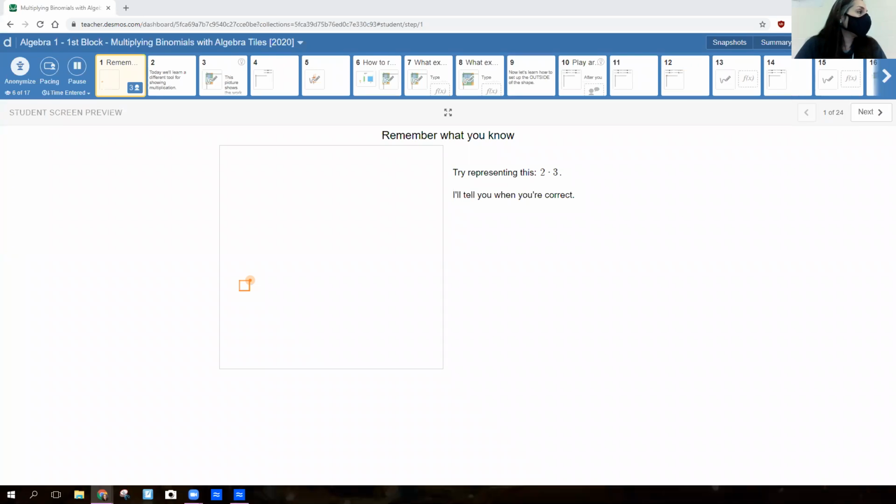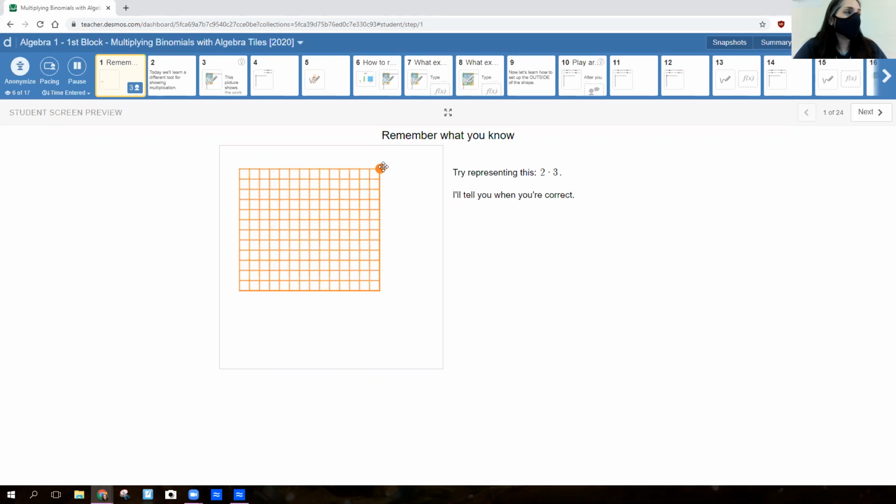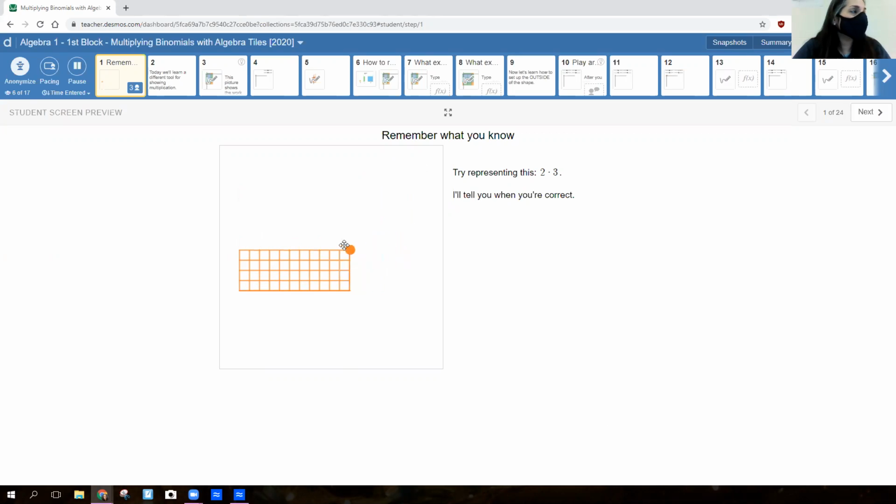All right, so we're going to start with slide number 1. And what you need to do is manipulate this little point right here to create something that would be 2 times 3. What would represent 2 times 3? And the activity will let you know when you get it right.